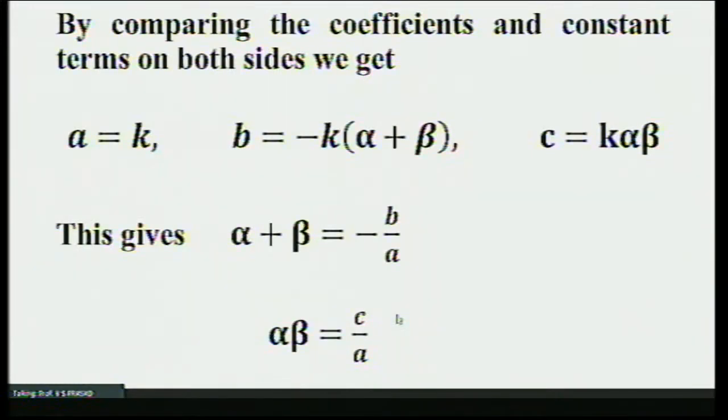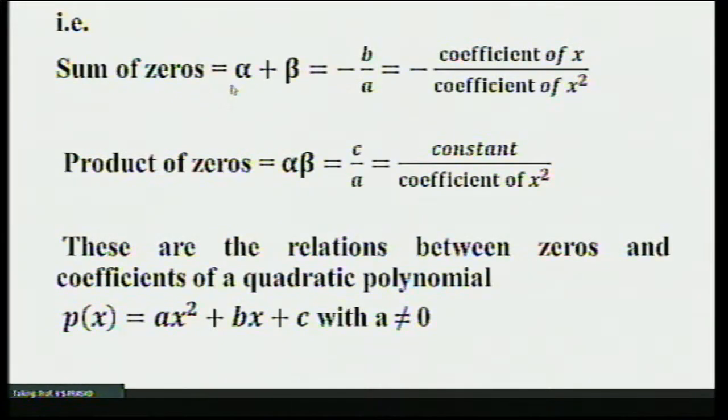That means the general notion is that the sum of those two zeros satisfies the relation: minus the coefficient of x divided by the coefficient of x squared. Similarly, the product of zeros, alpha into beta, can be generally represented as the constant term divided by the coefficient of x squared.